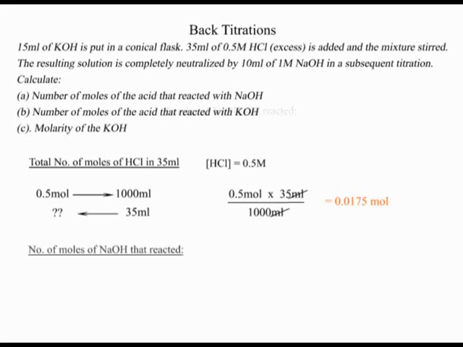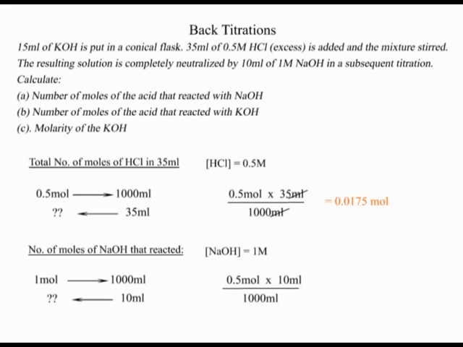Find the number of moles of sodium hydroxide that reacted with acid that remained after the addition to potassium hydroxide. The concentration of sodium hydroxide is 1 molar, and that means 1 mole in 1,000 mLs. But only 10 milliliters neutralized the excess acid. So how many moles are in the 10 milliliters of sodium hydroxide? We have 1 mole times 10 milliliters over 1,000, which gives us 0.01 moles.